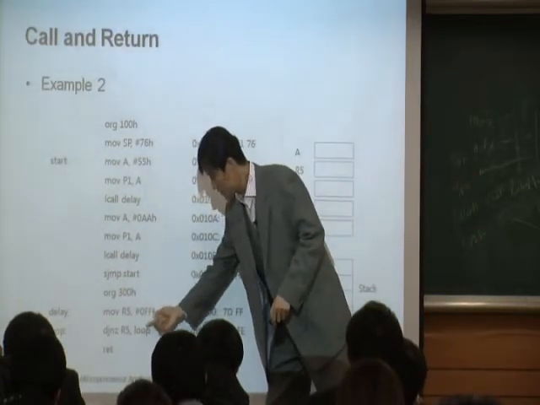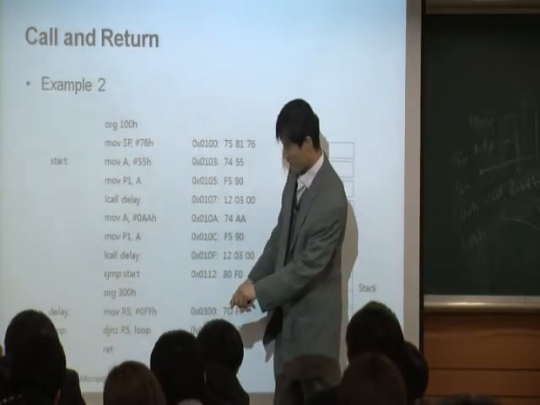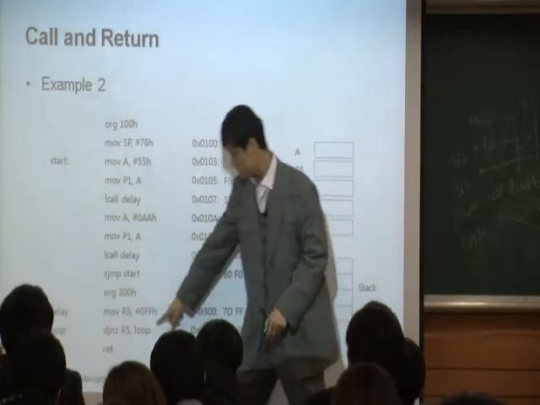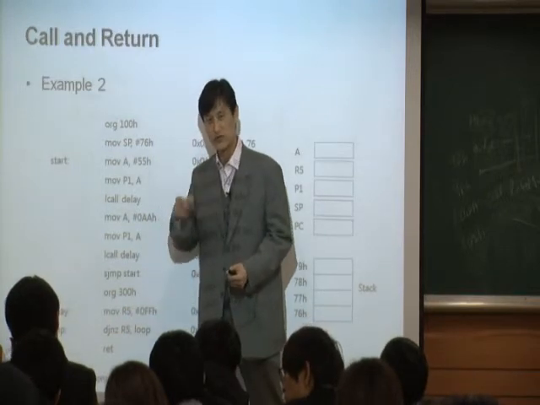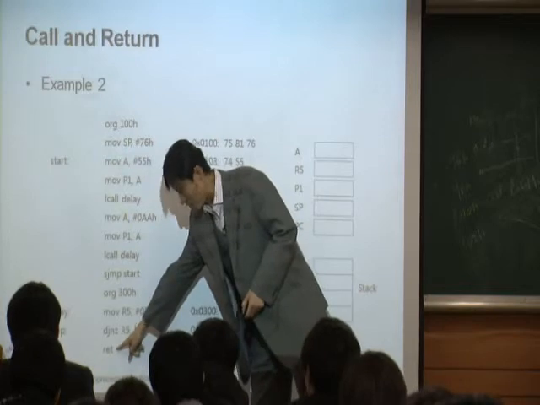There's a loop here, so you do loop like this. Actually, look at this one. This is a loop by itself. It's jumping to itself, right? It's jumping to its own. Keep jumping. And later you have return.